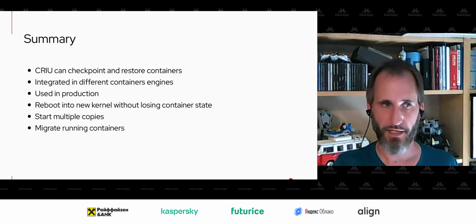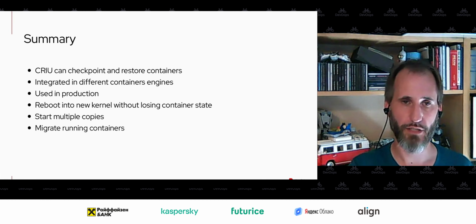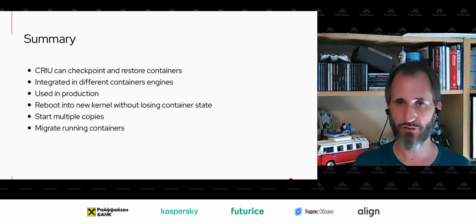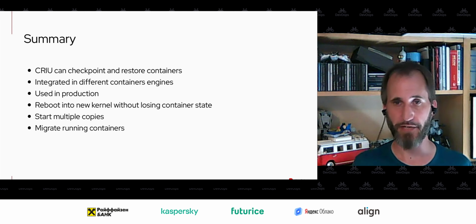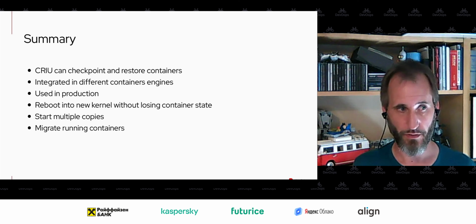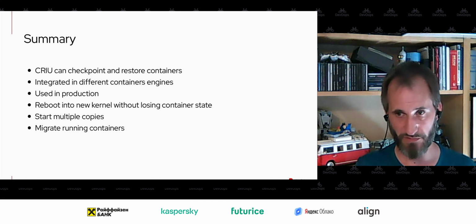So with this, I'm already at the end of my talk. A summary here about container live migration and CRIU. CRIU can checkpoint and restore containers. It's integrated in different container engines and runtimes which support taking a checkpoint and using the checkpoint later. It's used in production at different sites.